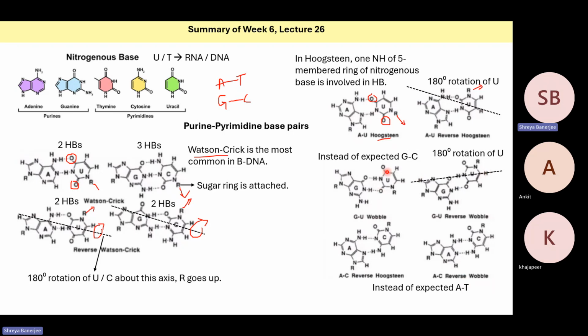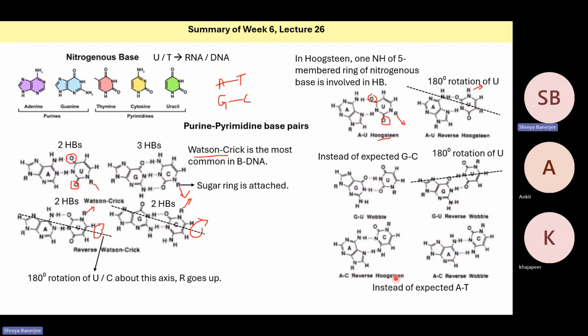And similarly, for any base pair, you can have its corresponding reverse base pair where you flip the second nitrogenous base by 180 degrees. The R group is basically where the sugar ring is attached. So the sugar ring, instead of being attached down, is attached up. So this is a GU wobble, and you can have a corresponding GU reverse wobble where the U is flipped by 180 degrees.